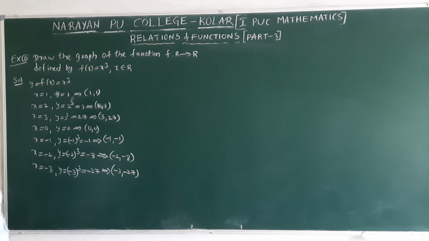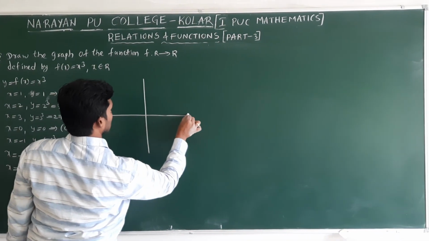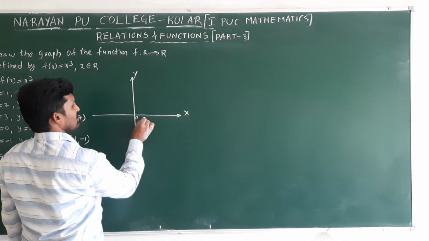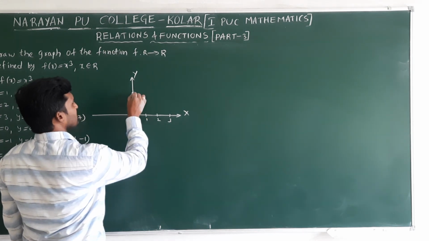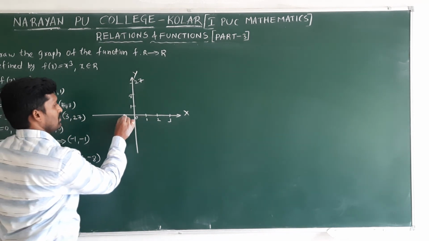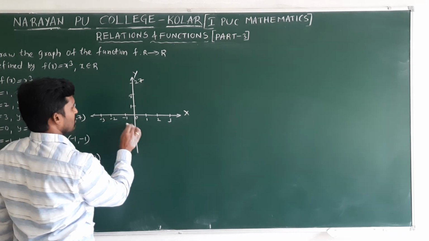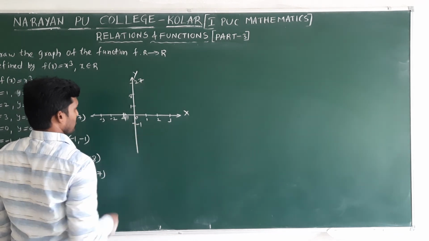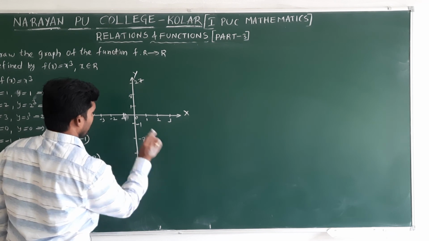Based on these points, we can draw the graph. I will take approximate values 0, 1, 2, 3. For 1 I will take somewhere 8 and here 27. Minus 1, minus 2, minus 3. Here also minus 1, minus 8, somewhere I will take minus 27.